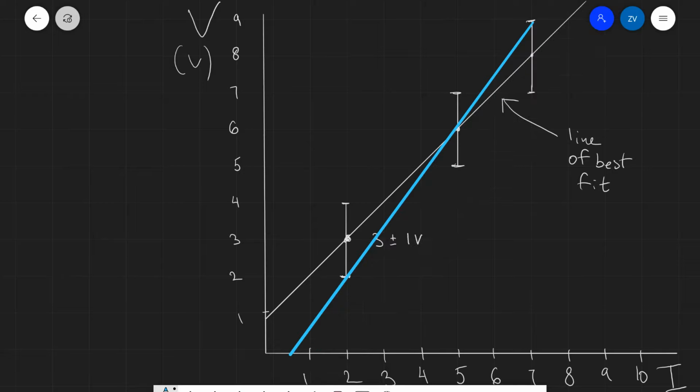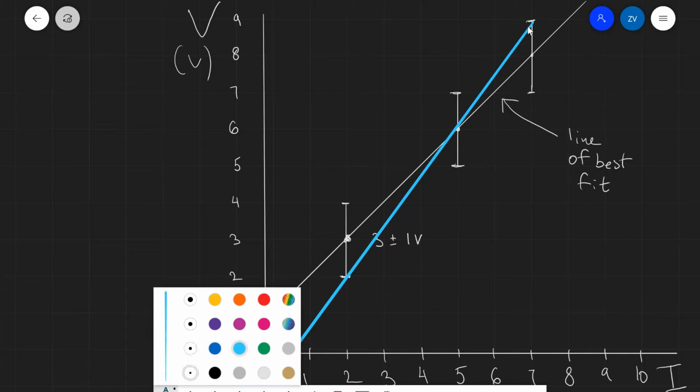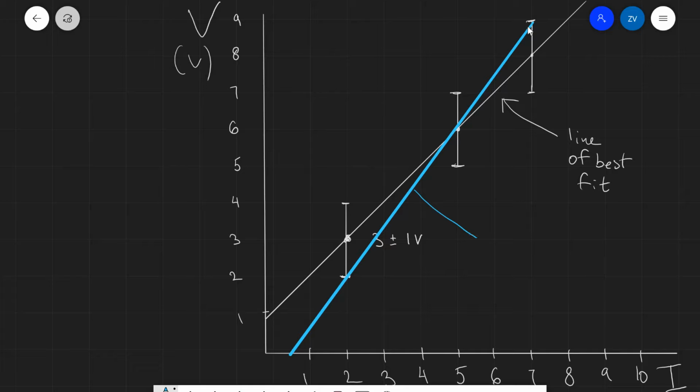It starts at the bottom of the bottom error bar and goes to the top of the top error bar. And I'm just going to label this as the line of worst acceptable fit.